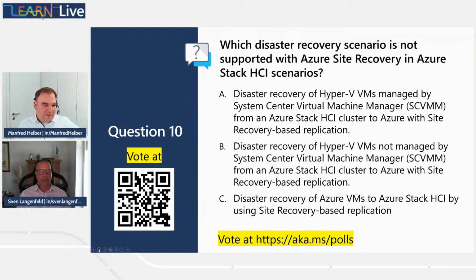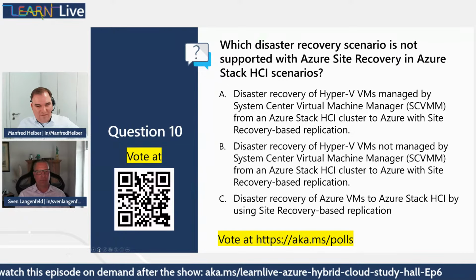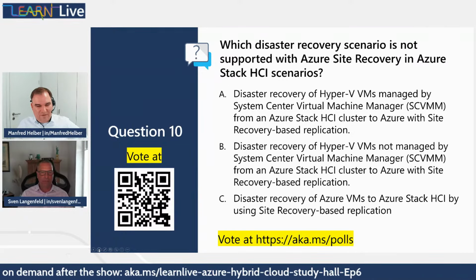So what is not supported? That we replicate from Azure Stack HCI to Azure with or without System Center Virtual Machine Manager, or not supported to replicate or recover Azure VMs to Azure Stack HCI.